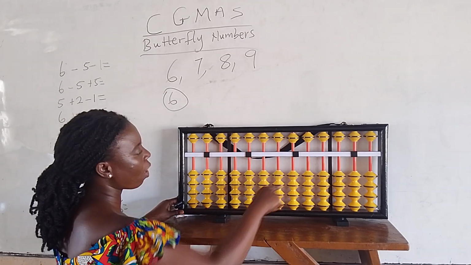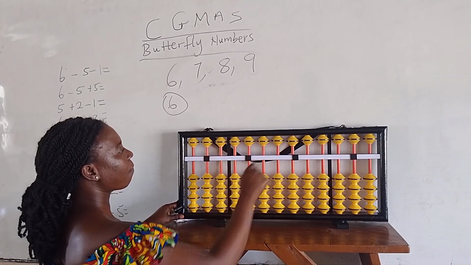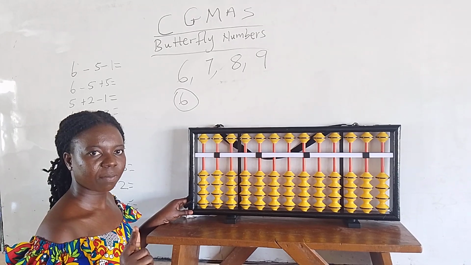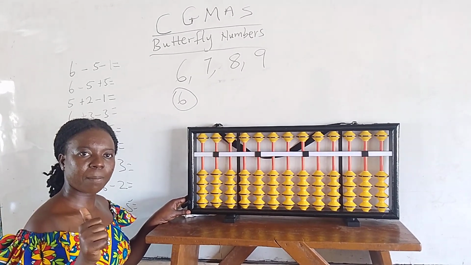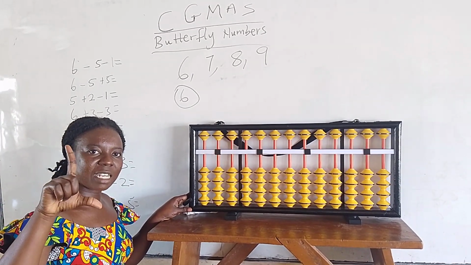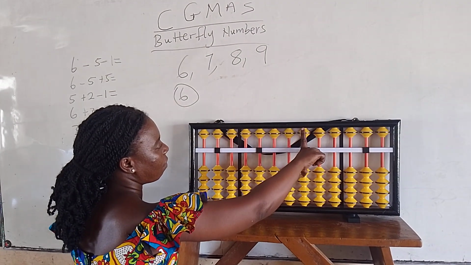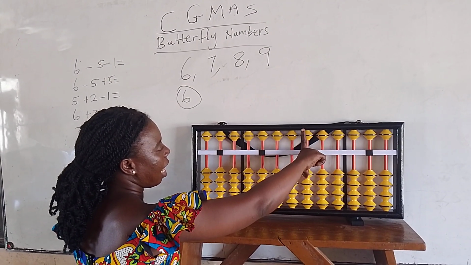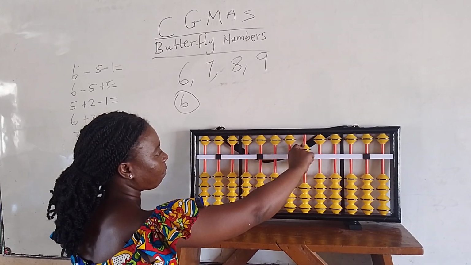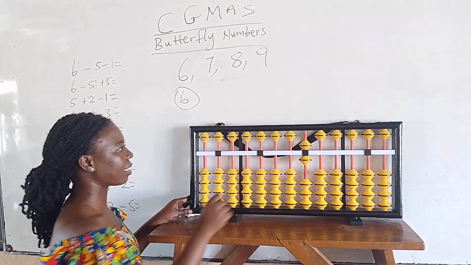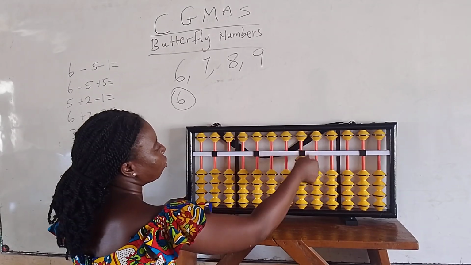So the same way, if we have 5 up here and we want to find 6, we take our thumb and our index finger at the same time, and we butterfly in from 1 and what? 5. And that is what? 6. I'll take that again. I'm clearing my tool.